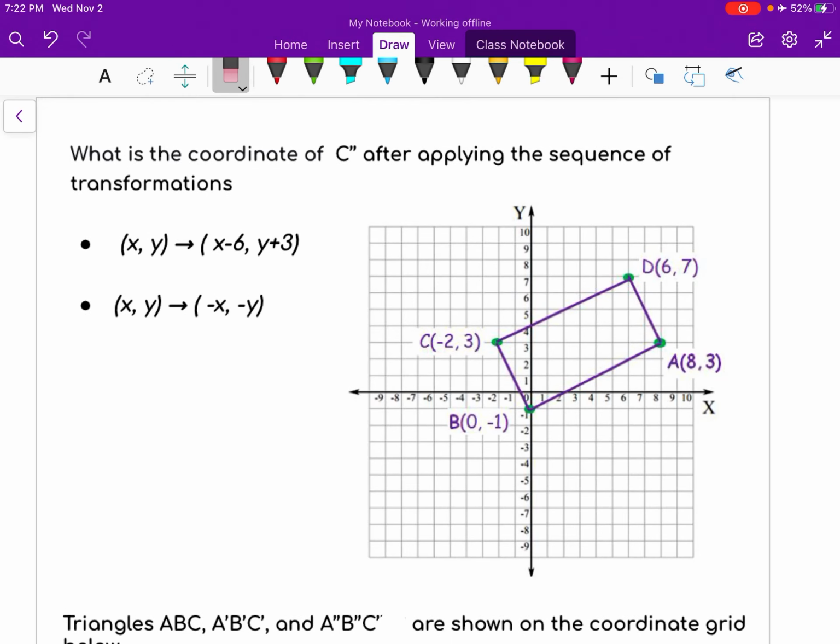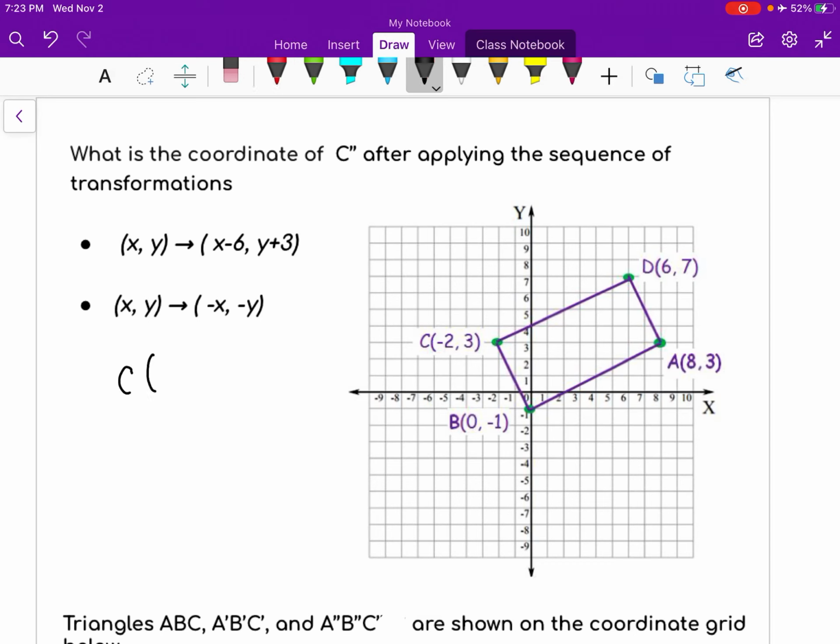Question number 1 here asks, what is the coordinate of C double prime after applying the sequence of transformations? So, like it says in the question, we're only focused on point C. So we can actually ignore points A, B, and D in this graph. If we look carefully, point C is at -2, 3.